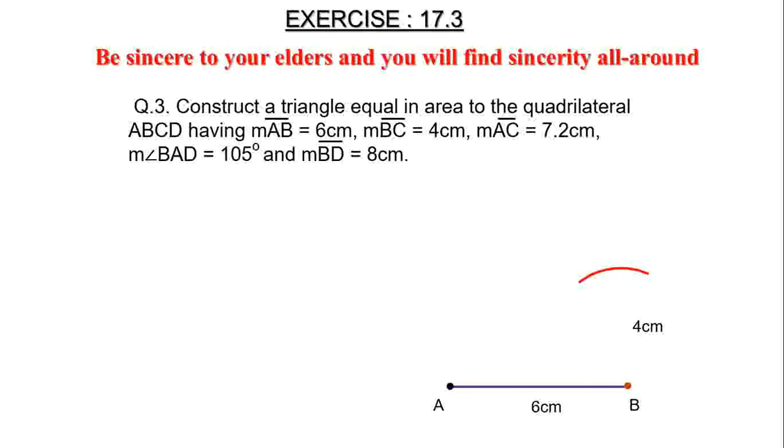Then we are given in the data measure AC 7.2 cm. Place the compass and open it equal to a radius of 7.2 cm.